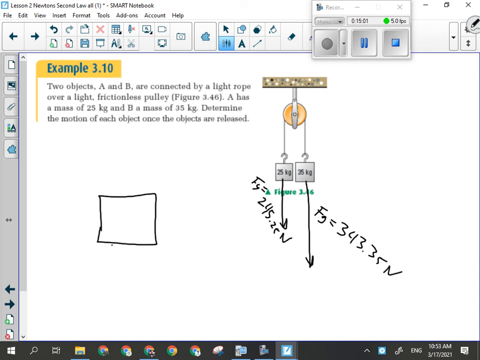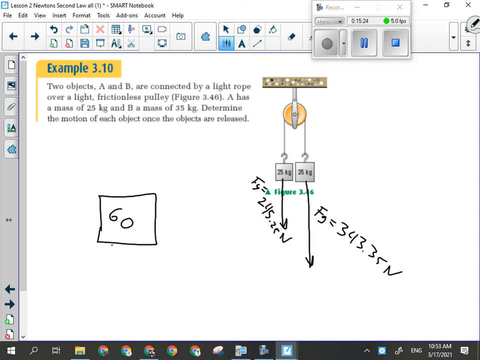How much mass is being accelerated here? Kilograms. 60 kilograms. I don't want to subtract them, I want to add them, right? The whole mass of the system is being accelerated. Both boxes have got to move, right? Both of these masses have to move.